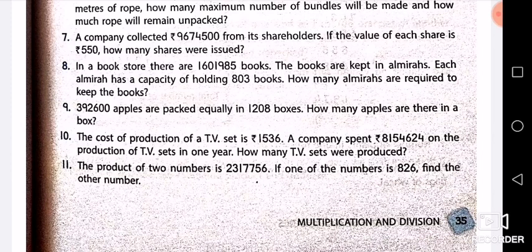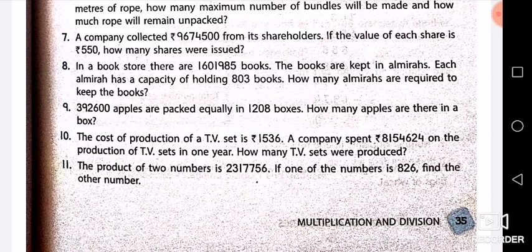Each almirah has a capacity of holding 803 books. Now here the capacity of each almirah is given. Each word is your keyword in division. So here the capacity of one almirah has been given. Now how many almirahs are required to keep the books? So for keeping these many books, how many almirahs do you require in this question?